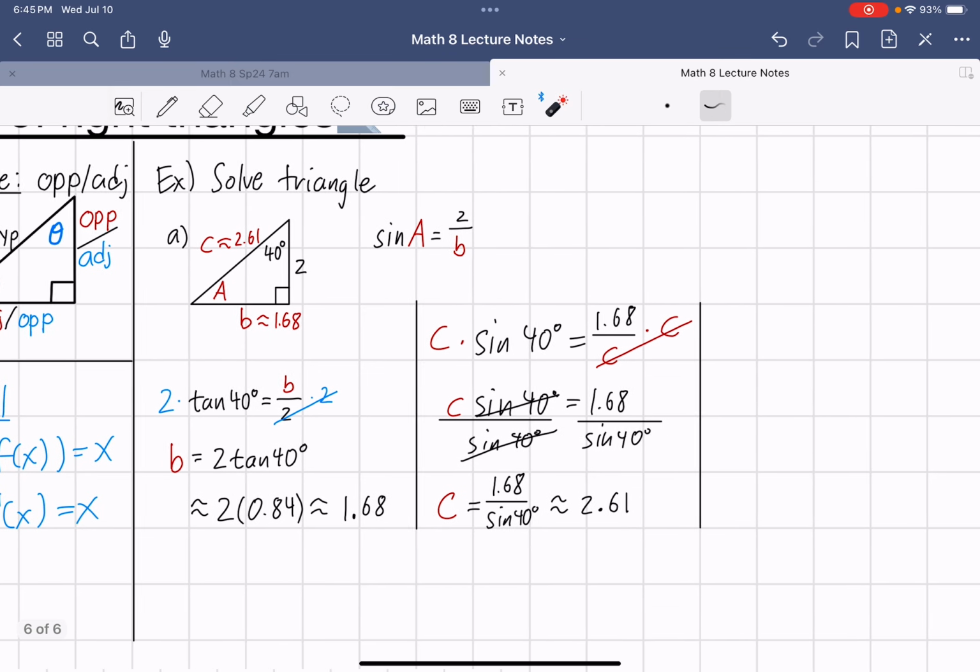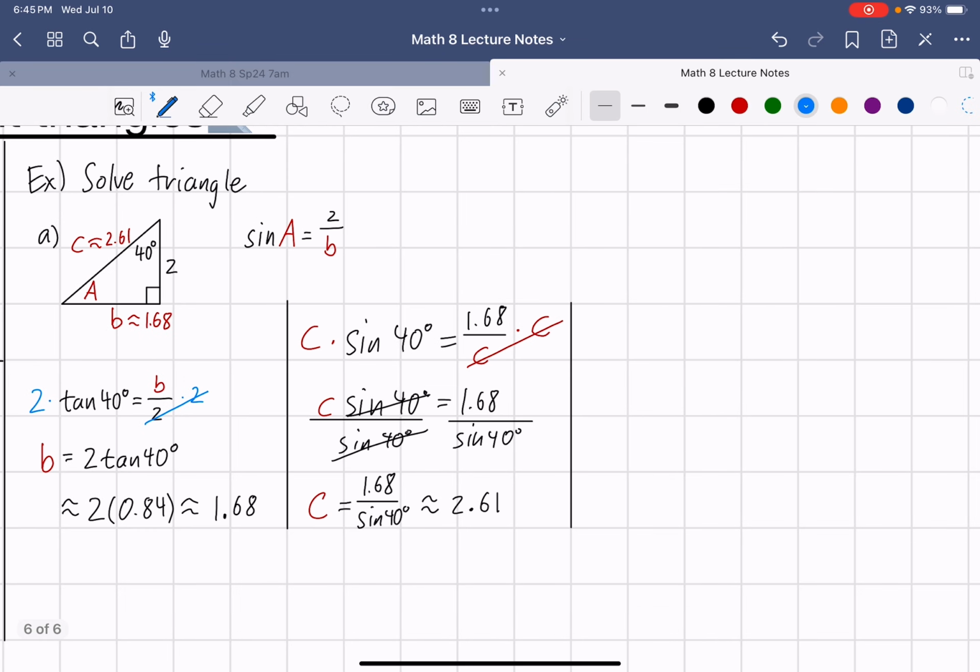Because, and let me use a different trig ratio for this next example. Let me block this off so we don't get mixed up. I'm going to use cosine of A, which cosine is adjacent over hypotenuse.